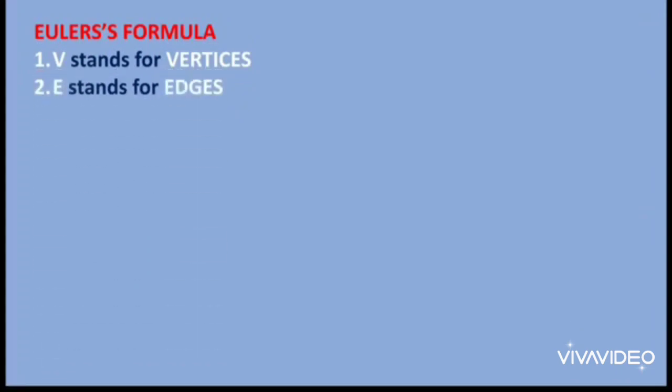Euler's formula. Now V stands for vertices, E stands for edges, F stands for faces. So Euler's formula is vertices plus faces minus edges is equal to 2. V plus F minus E equals 2. Let's take some examples.